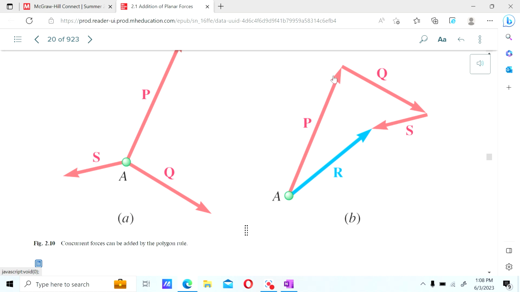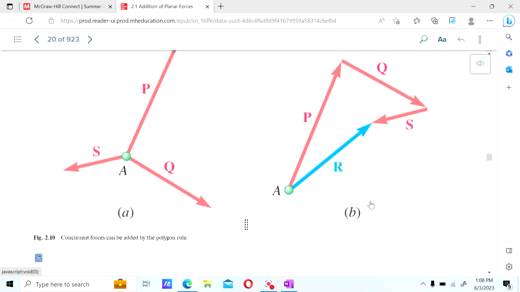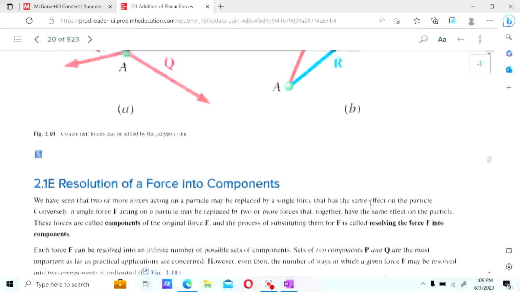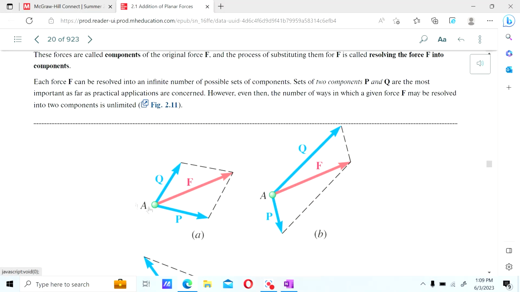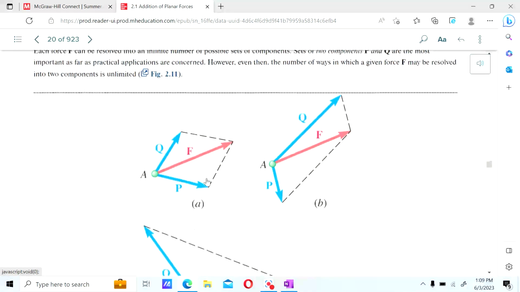If you don't have a way of putting them together, and instead they give you the coordinate system, the directions and the angles, then you find the components. And at the end, you take the square root of the sum of the squares of the components x and y, and z if you have 3 dimensions, and that's the total force. So we know how to do this by now. We form the closed geometry and we find the total force.